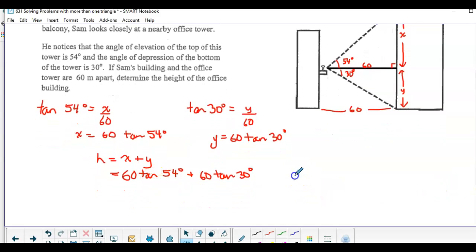So I'm going to show that to you. Not that we do it that often, but you could go 60 times tan of 54 plus tan of 30. Remembering those factoring skills, right? In any case, just remember that.